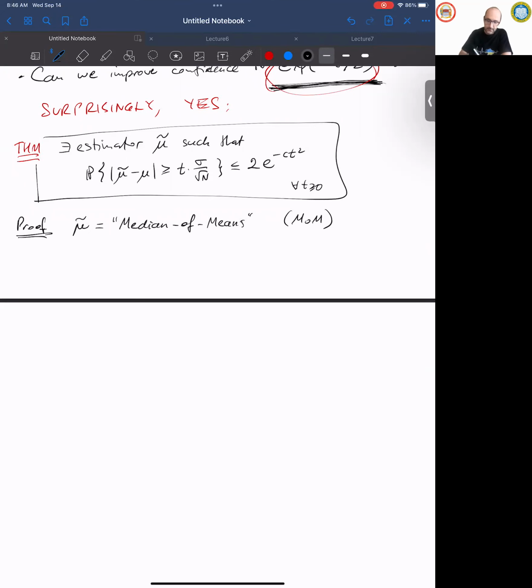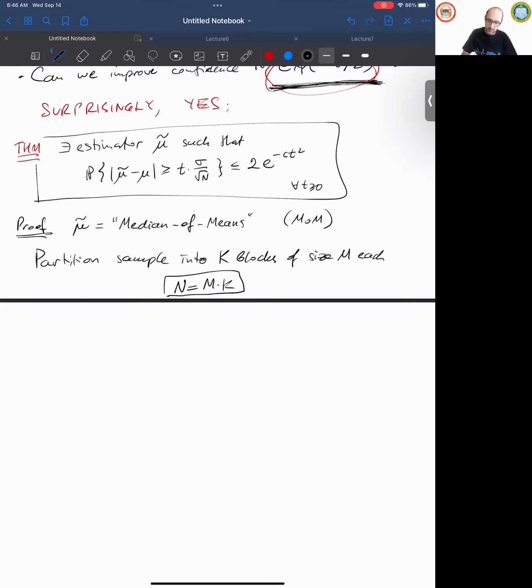Okay, let's do it. So what's median of means? We partition the sample into, let's say, k blocks of size m each. Just need to make sure that m times k equals n.